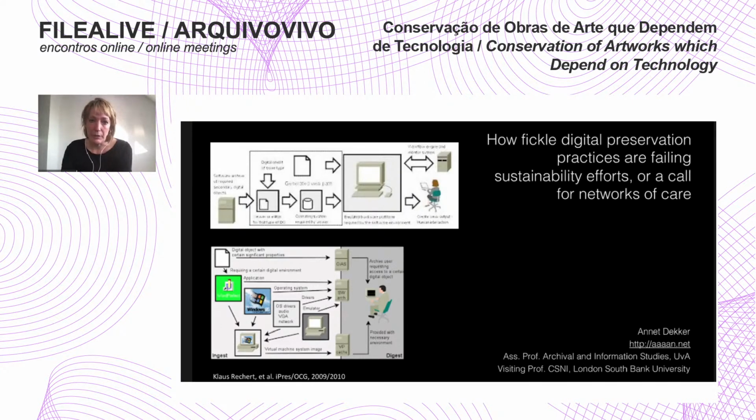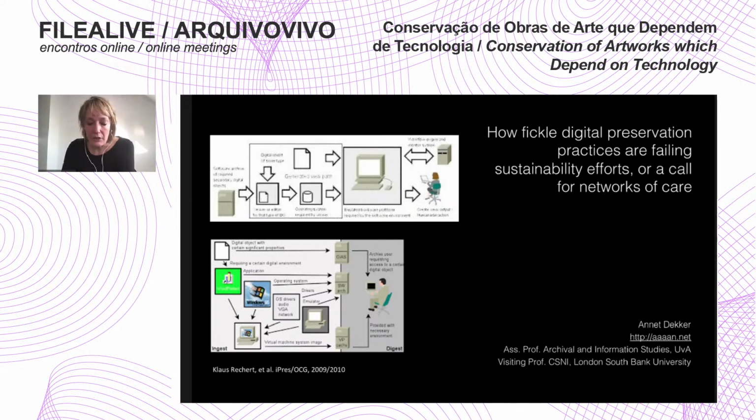An emulation workflow, and a view path of what's going to happen when you start thinking about emulation. In 2010, Klaus Rechert and others wrote, emulators face the same problem as every software package and general digital objects. In other words, emulators need to be adapted to the current hardware and operating system, just as much as the digital artworks.